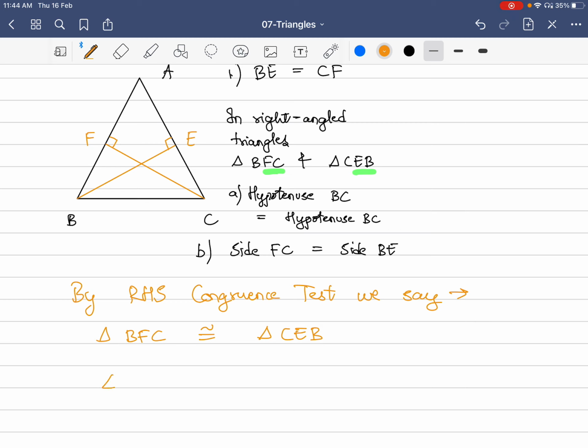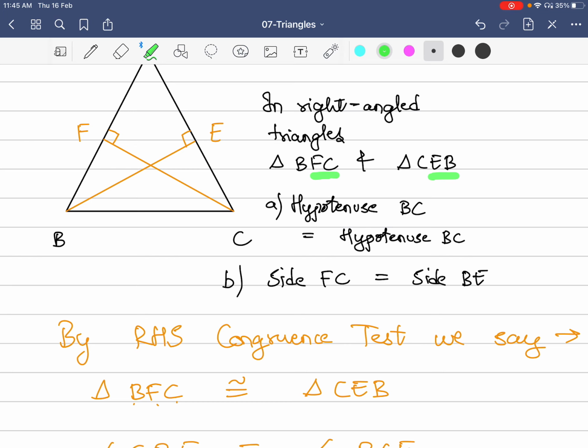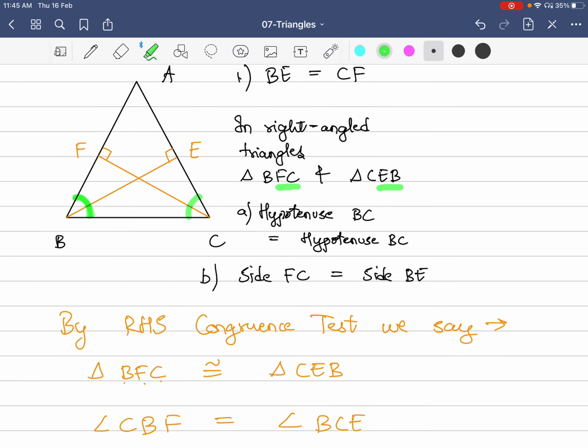That means angle CBF is equal to angle BCE. One to one correspondence is very important. I want to use a highlighter to note down these angles. This angle is equal to this angle: CBF is equal to BCE. These two angles are equal to each other because they are corresponding angles of the congruent triangles.